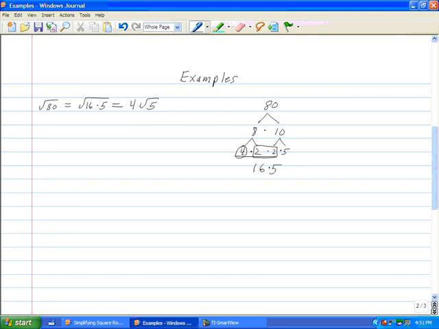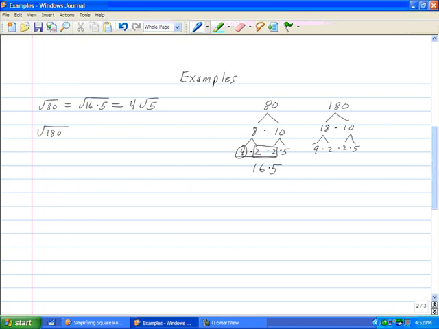Let's look at another numerical value. Let's look at the square root of 180. Again, a fairly large value. You may think you know what the biggest perfect square is that's in there, but let's pull it apart and see. I think an obvious factorization is an 18 times a 10, which is a 9 times 2 times a 2 times a 5.